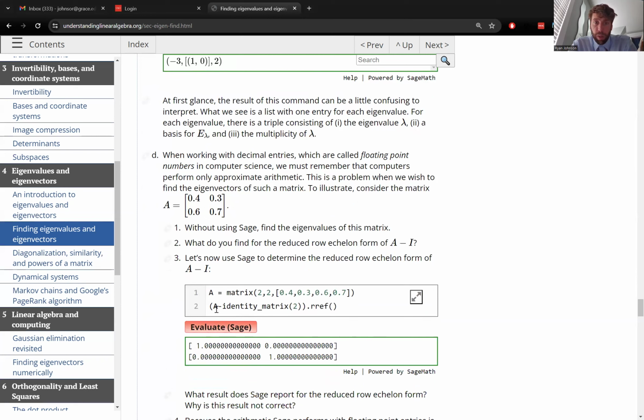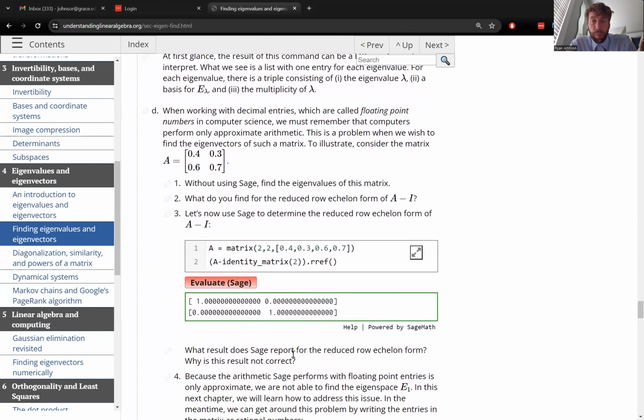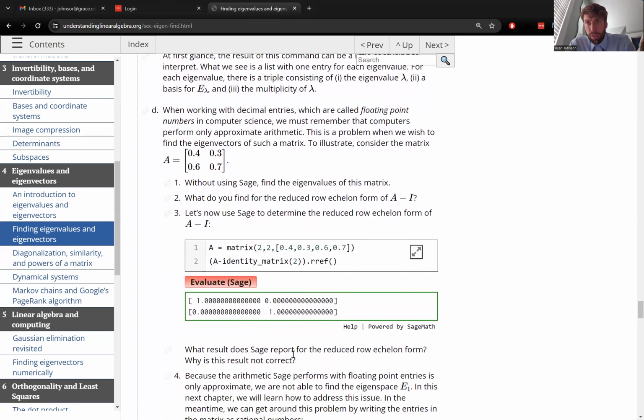But if I do A minus the identity matrix, .rref, I don't get a null space. That's because of floating point error that's so tiny it doesn't affect us, but when you're trying to zero stuff out with reduced echelon form, it misses it.